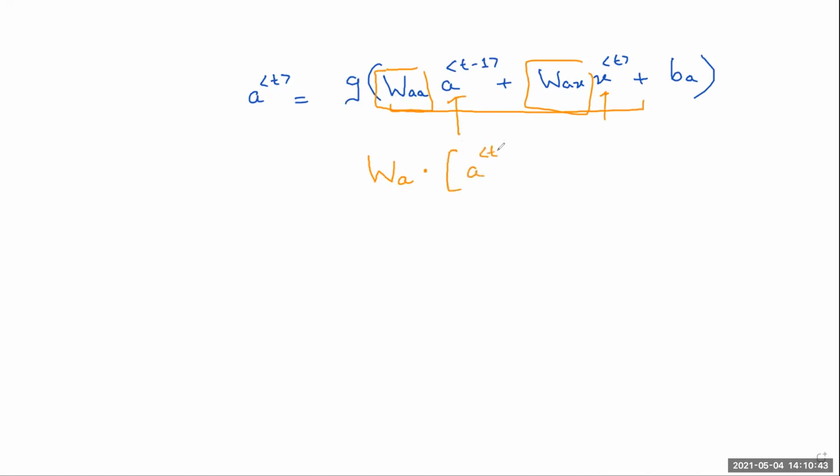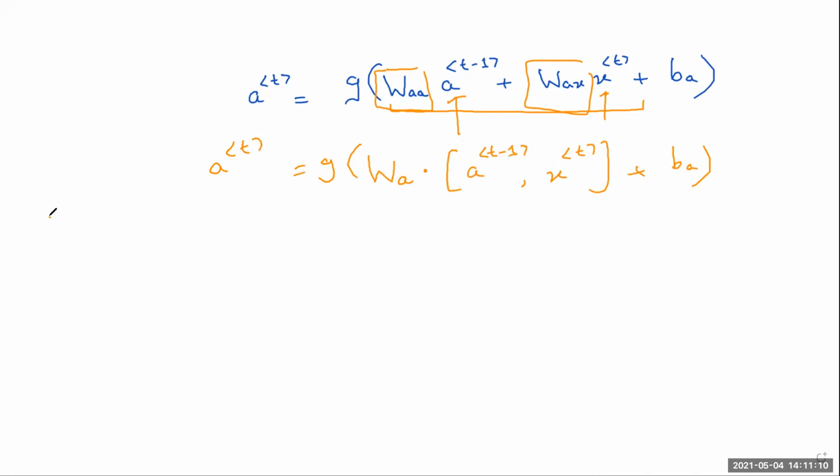It is only so that the expression becomes simple, nothing else. So we combine these two matrices into a single matrix, and we also concatenate AT minus 1 and XT into a single vector. Then we multiply, so that now our expression is relatively simple. It's exactly the same thing, just a different way of doing it. Now let's see how we are actually doing it.